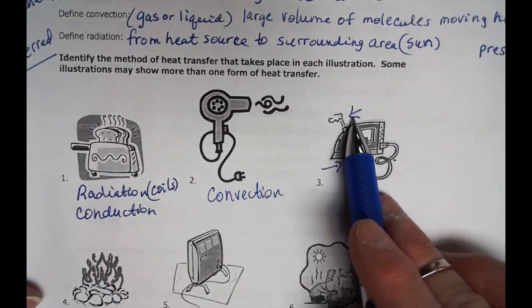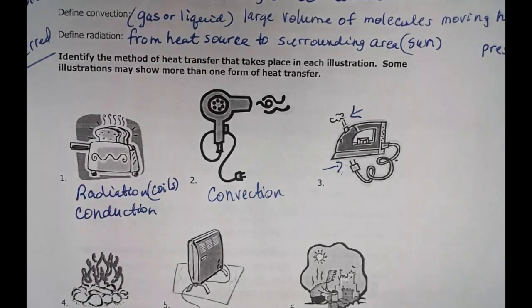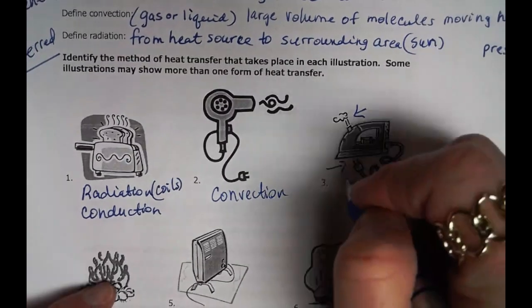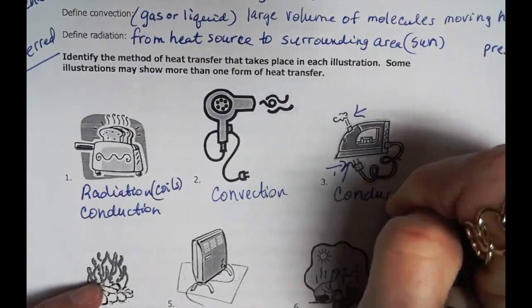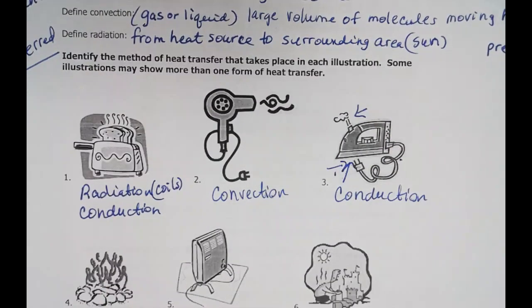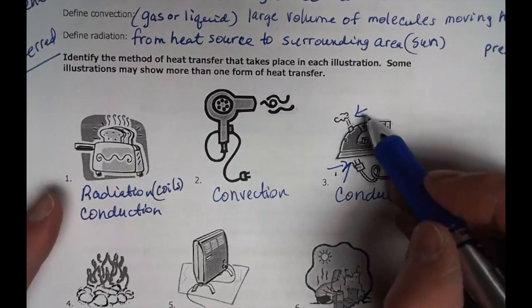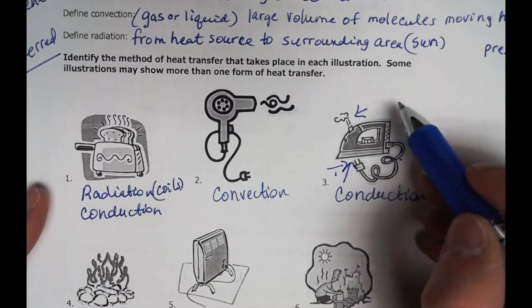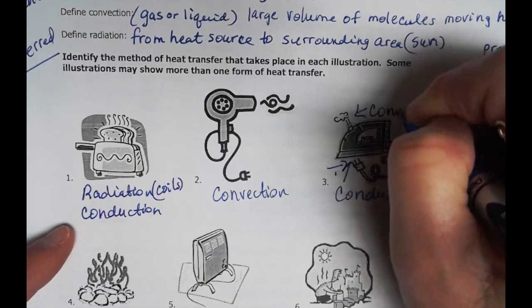Which one, this or this? The bottom of it, right? Yes, very good. So this would be conduction, because don't I directly iron my clothes, guys? Yes. So what do you think about the steam here? Convection. Very good.